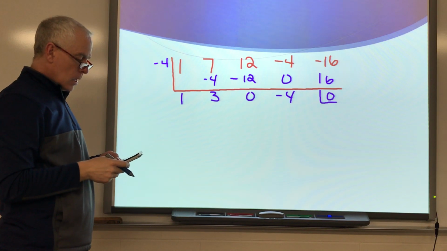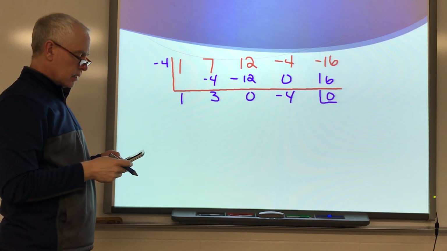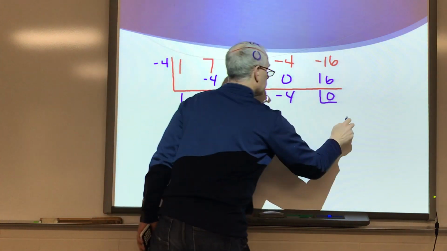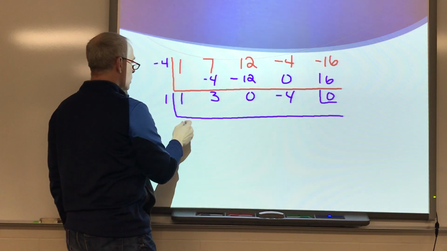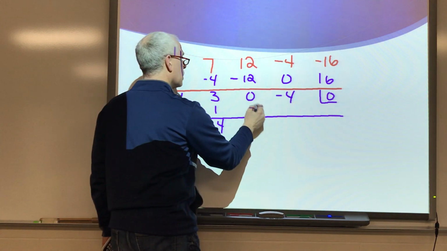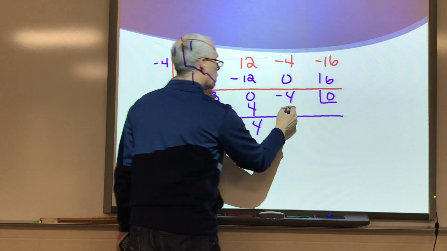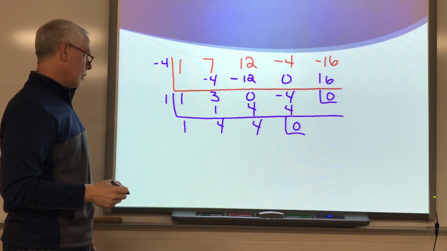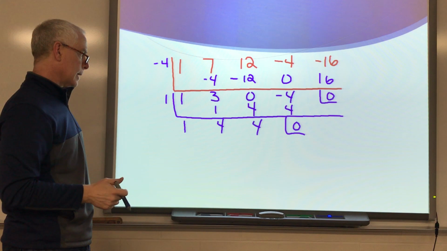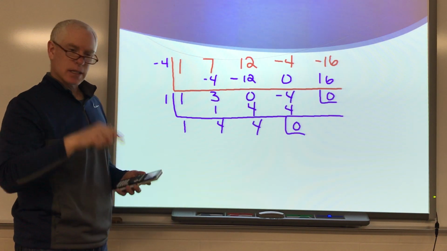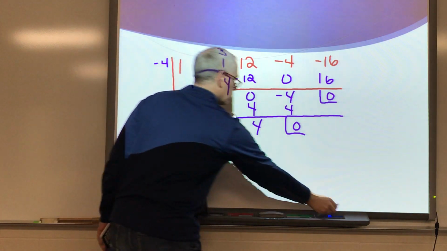Okay? It looks to me like we cross at 1 for sure. 1 is a factor of 16, so that makes sense. Bring down the 1, add them up, multiply, add them up, multiply. Okay? Certainly, now I'm down to a quadratic. Okay? It also looks to me like I come up and I touch the x-axis at negative 2.